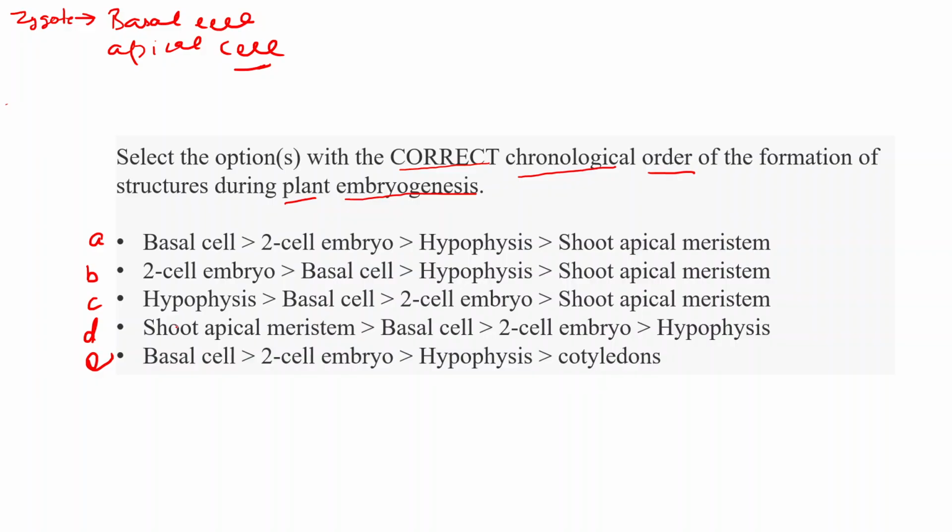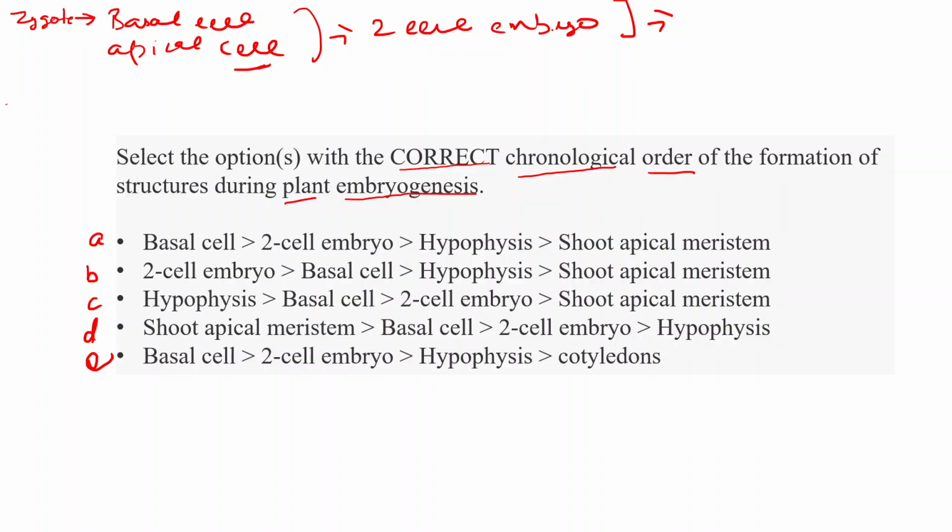Okay. Then next what happens, that there is a two cell embryo state, that is two cell embryo which is like apical and basal. So both have two cell embryo state. Okay. Then what happens? Then basal lineage produces the hypophysis, which is the uppermost suspensor cell.